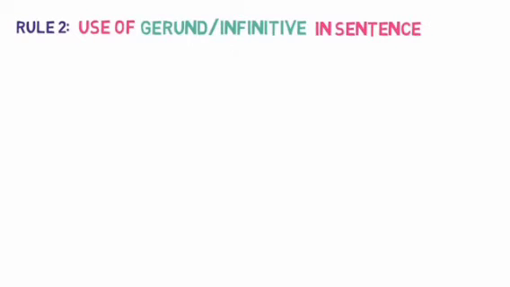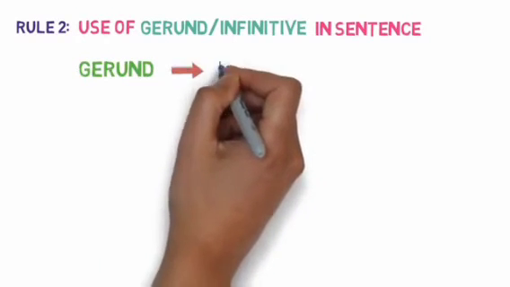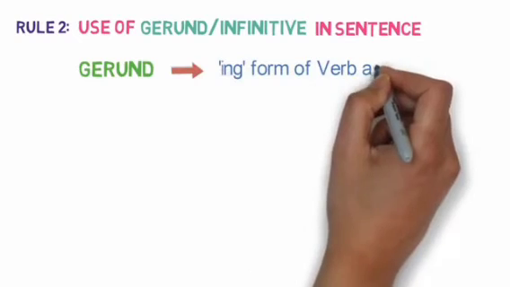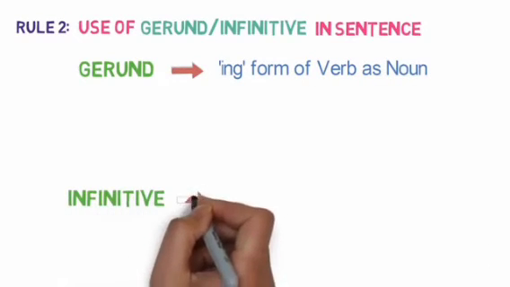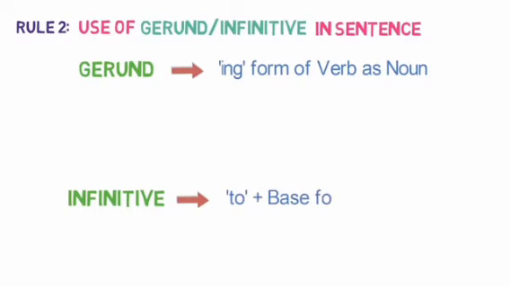Yes, as you have studied in class, a gerund is a noun that is formed from a verb, an ing form of a verb functioning as a noun. An infinitive is to plus the base form of a verb that functions as a noun, an adjective, an adverb, as the case may be.